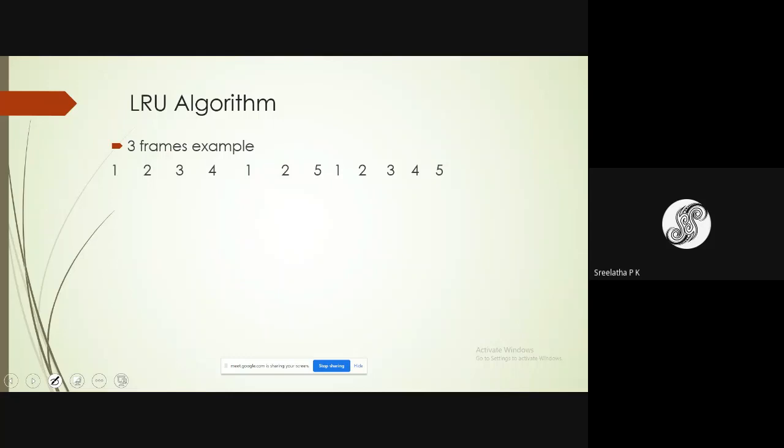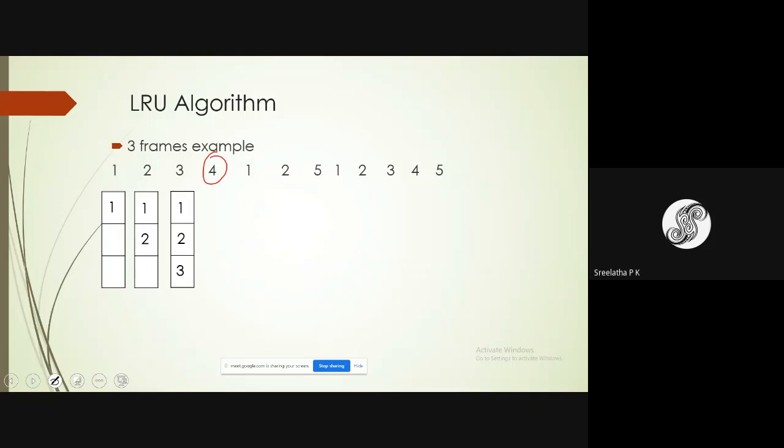The same example, check for 3 frames. Page 1 not there, page 2 again it is a page fault, 3 again it is a page fault, page 4 is required, it is a page fault. Recently used are 3 and 2, block it, and 1 is replaced by 4.